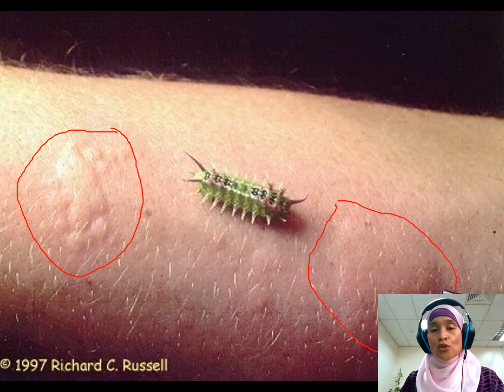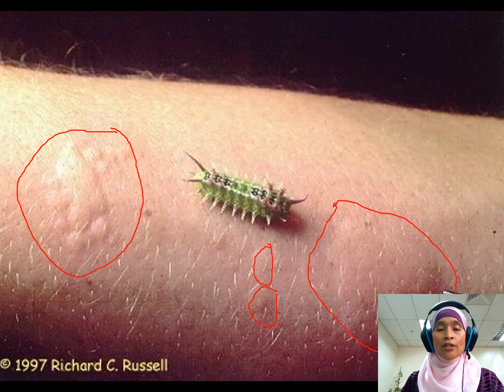These are two huge urticarial responses, and there are some small urticarial rashes around the areas of the arm. The rash in itself will result in inflammation, which is the urticarial rash, and it can be very itchy.